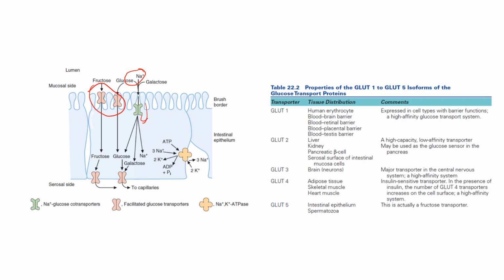The way this works is, let's say the diffusion gradient isn't favorable for glucose to move. Let's say there's way more glucose in the cell than on the outside of the cell. The way this can work is we can actually abuse the gradient. Let's say the sodium gradient is in our favor. And the way we can get that in our favor is by pumping sodium out of the cell with this potassium sodium ATPase.